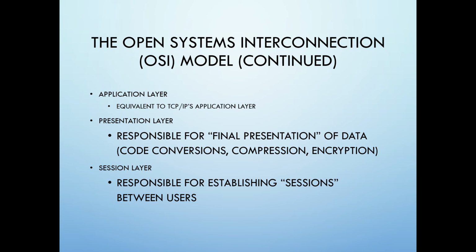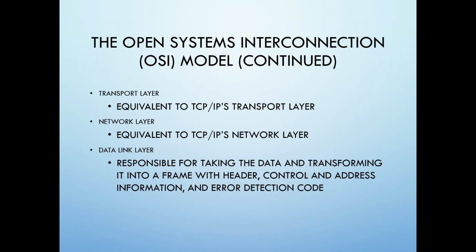Presentation layer is responsible for the final presentation of data, including code conversion, compression, and encryption. Session layer is responsible for establishing session between users. Transport layer is equivalent to TCP/IP's transport layer. Network layer is equivalent to TCP/IP's network layer.